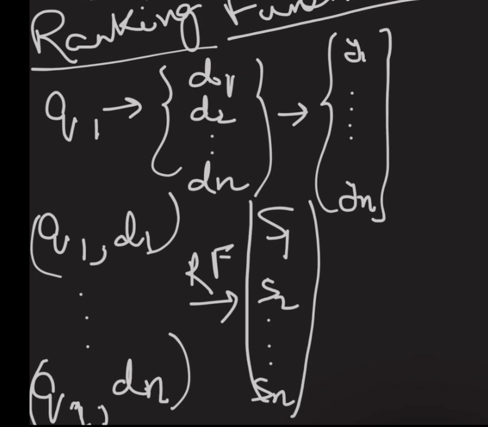We have to somehow map q1 and d1 to y1, and to feed into the neural network, we will regard q1 and dj as a tuple, and then feed it into a basic neural network as the ranking function of our learning to rank problem. At the end of it, there are S1 up to Sn.